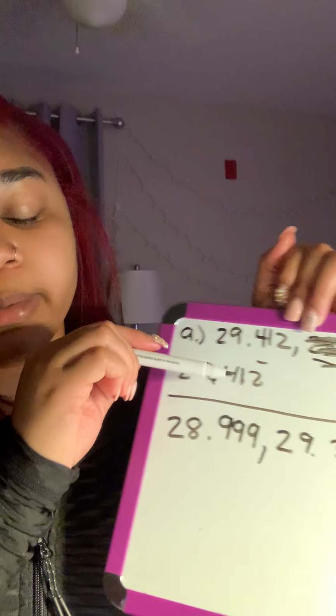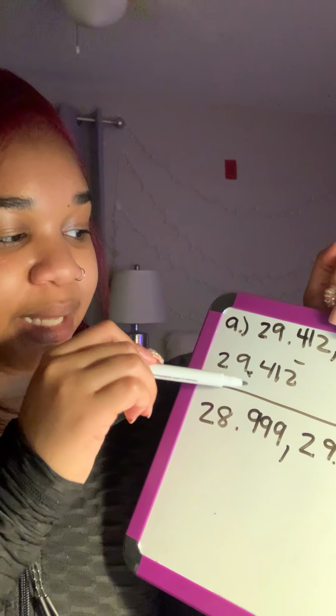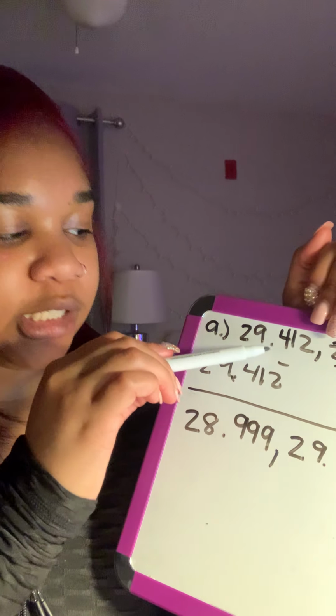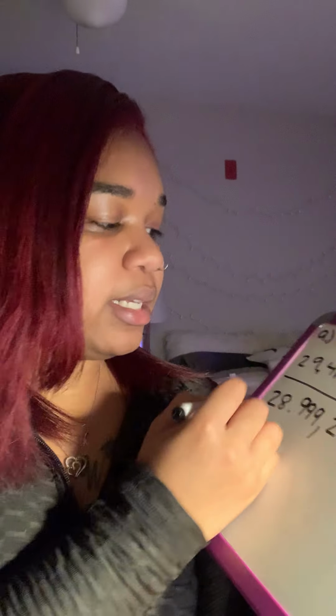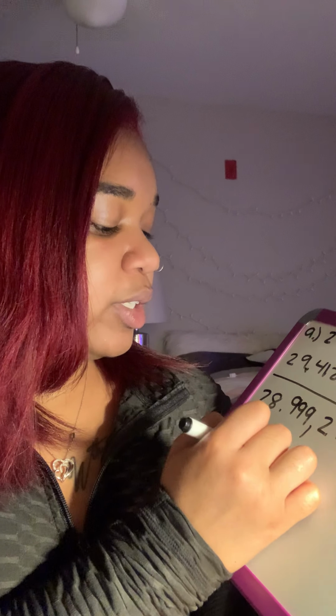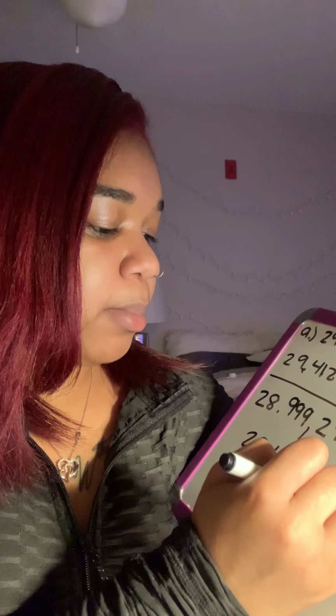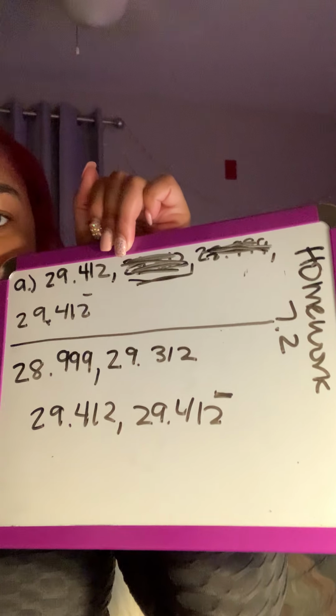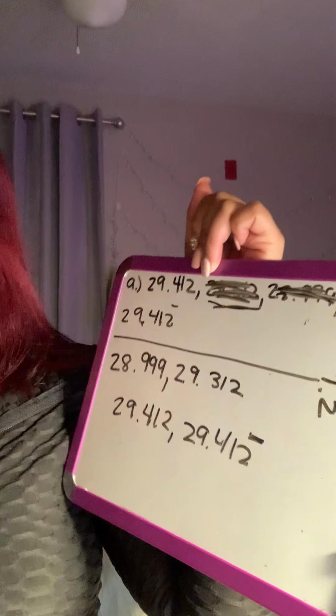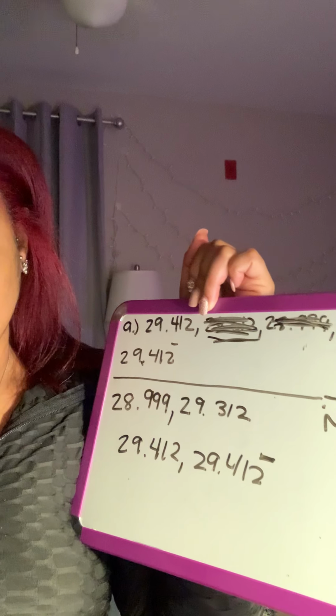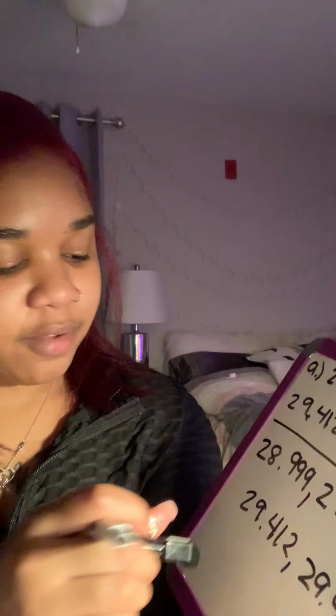So this one's obviously going to be the bigger number. So this is going to be last, and the other one is next to last. So 29.412 and then 29.412 with a bar, because that is a repeating number and that is the biggest number of them all in this case. So very simple.